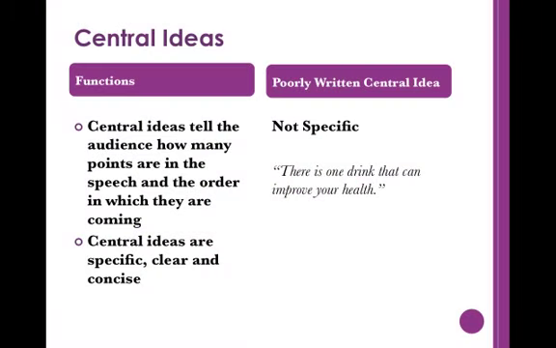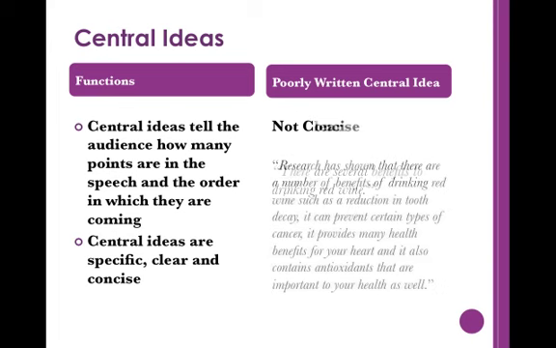Remember, good central ideas are specific, clear, and concise. Here are a couple of examples of poorly written central ideas, along with an improved version that is specific, clear, and concise. There is one drink that can improve your health. There are several benefits of drinking red wine.